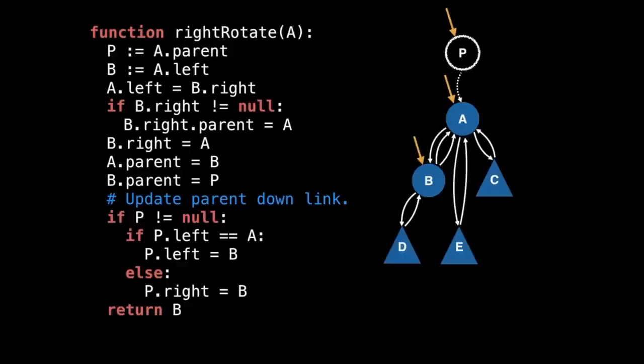The last thing we need to do is adjust the reference to the parent node P, so make B's parent pointer reference P. And now the very last thing, I promise, is to make P's left or right pointer reference the successor node B. Notice that we need to check if P is not null because it might not exist.